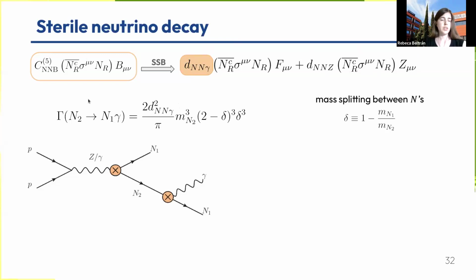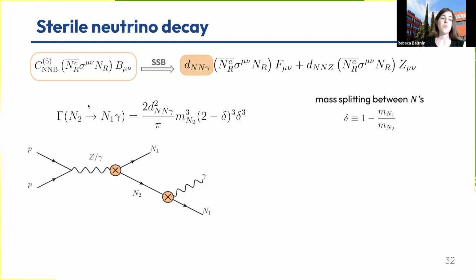Okay, so the decay width of N2 now depends on this dipole coupling, the heavier neutrino mass, and this mass splitting that we have defined in this way. So small mass splittings correspond to the case where the two states are nearly degenerate.